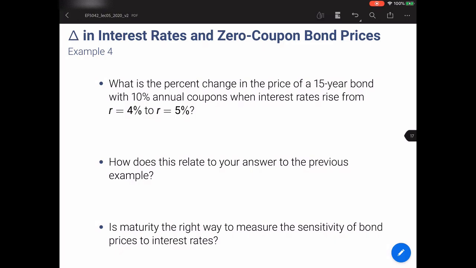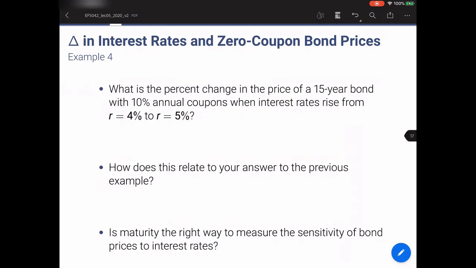The change in interest rates is still the same, 1 percentage point, but we're going to calculate the price change in this coupon-bearing 15-year bond. We can do this simply by using the annuity formulas that we learned in week 1 or 2. So let's calculate this annuity using the annuity formula, with interest rates at 4% first.